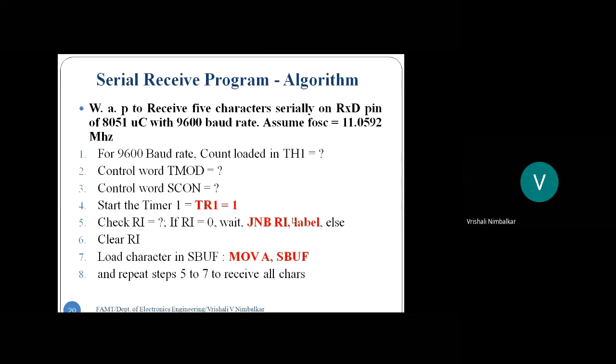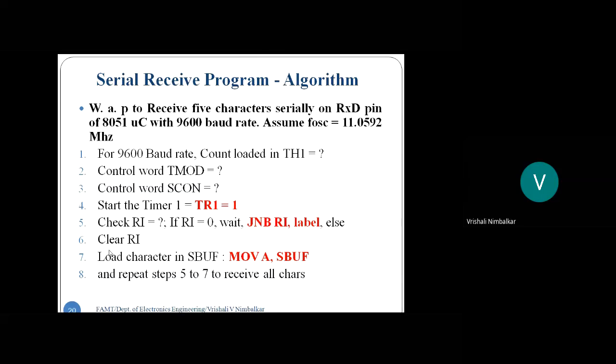Which bit? RI. If that bit is 0, keep on waiting and checking. That is the instruction we will use to check the RI flag. If the RI flag is 0, wait at the jump instruction. And if the RI flag is 1, the reception is completed. Clear the RI flag.